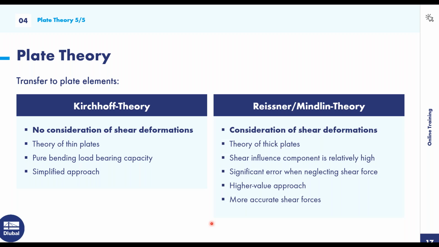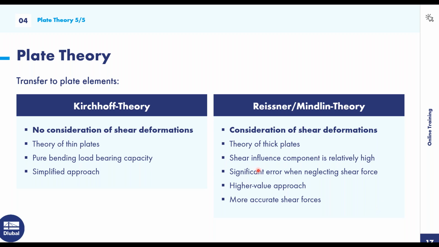And the Reissner-Mindlin theory works really well for thick and thin plates. In my opinion, the Reissner-Mindlin theory is what you should use most of the time, but I think it's good to know the difference between these two. Keep in mind that you'll get more accurate shear forces since the shear deformations are taken into account for this theory.